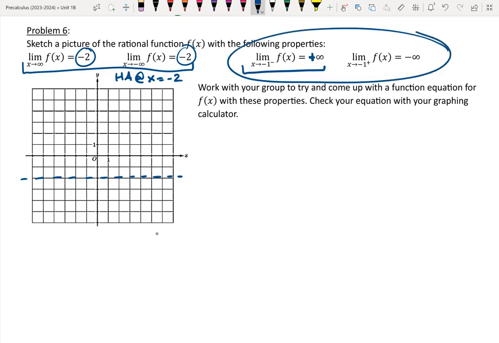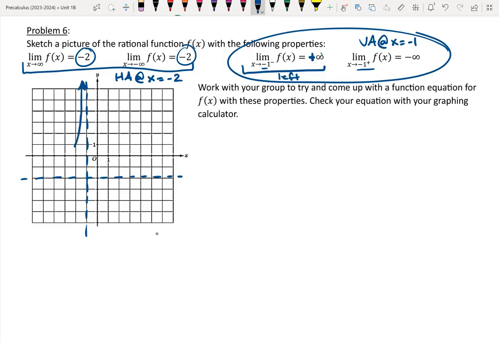And then these two here, we're going to positive and negative infinity as x goes to negative 1. So that definitely tells us that we have a vertical asymptote at x equals negative 1. So let's go ahead and put that in here, x equals negative 1. Now also, from this vertical asymptote, we're told which direction we're going. So on the left, we just changed this, we're going to be going to positive infinity. So we're going to positive infinity on this left-hand side.